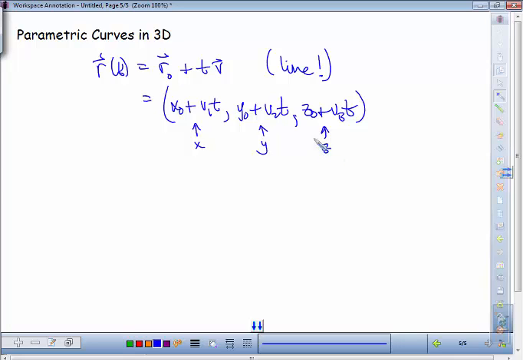Just to be explicit about it, these are your x, your y, and your z functions. They're functions of t. In fact, if we write it like this, x of t, y of t, z of t, then it would be clear that they are in fact functions of t.